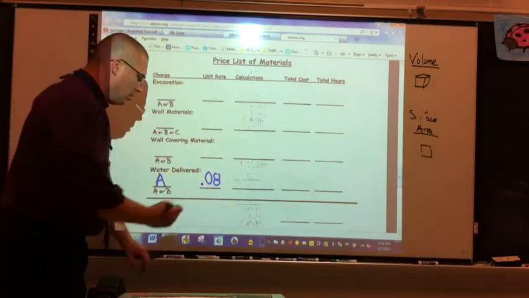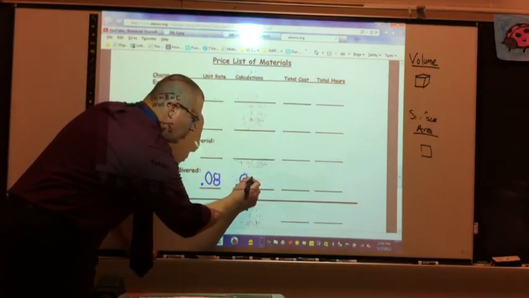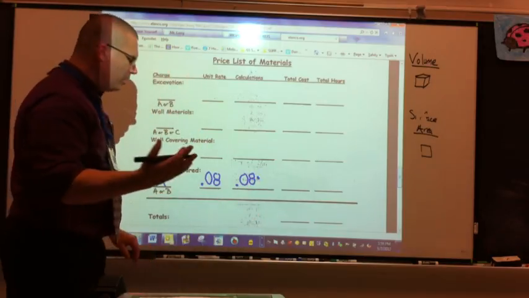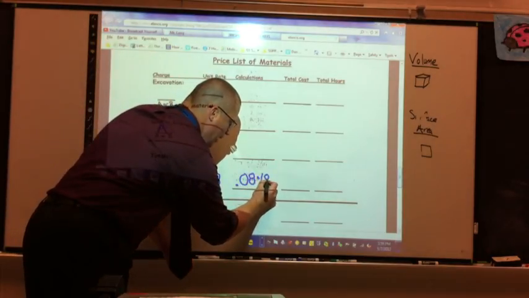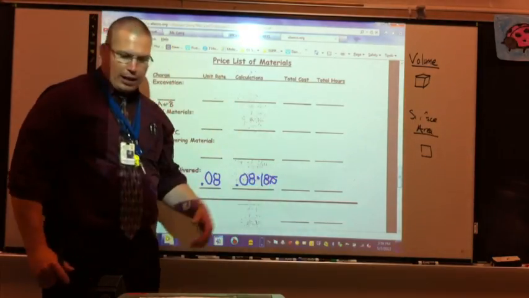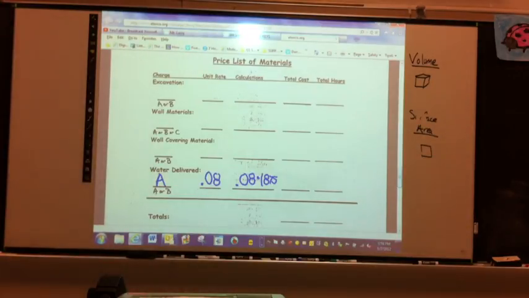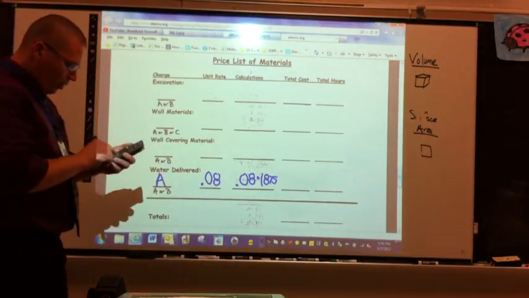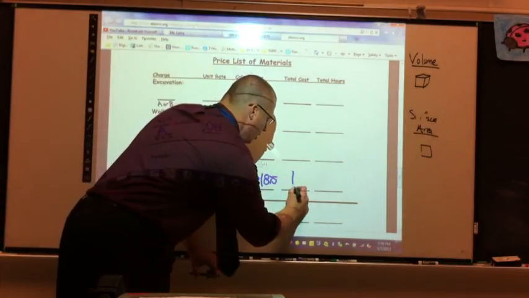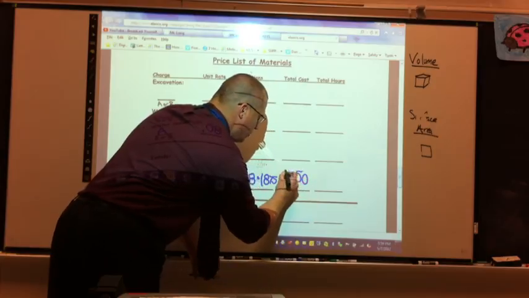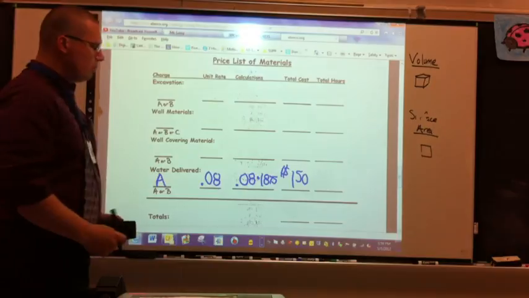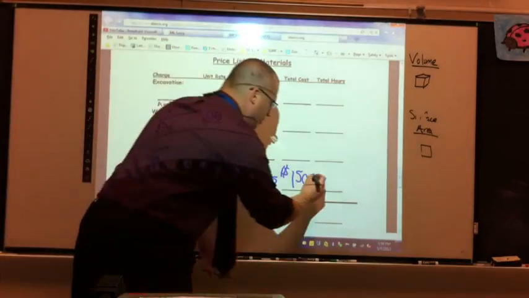My calculation, well, it's 8 cents for every cube times, I needed 1,875 cubes. So I'm going to multiply that. I need my calculator. 0.08 times 1,875 is 150. How much money is it going to cost me to use this company? 150 is my total cost. What's my total hours? 36.